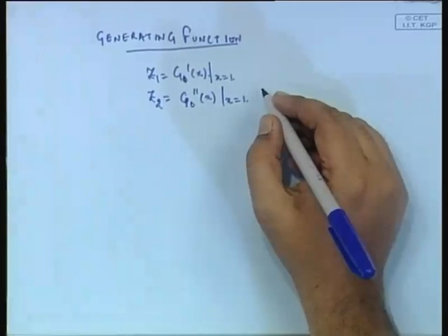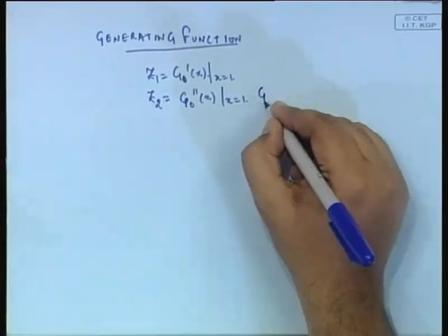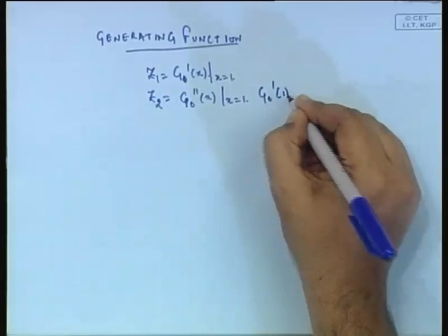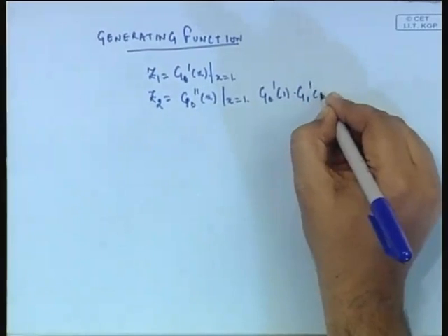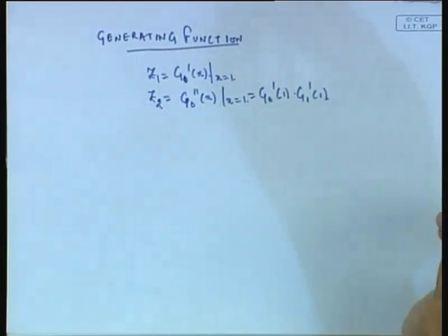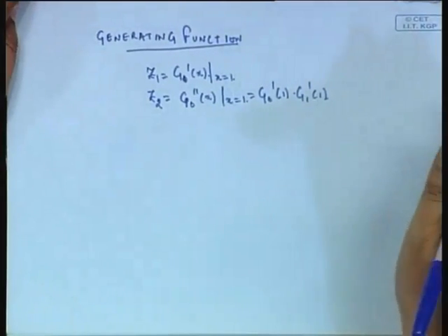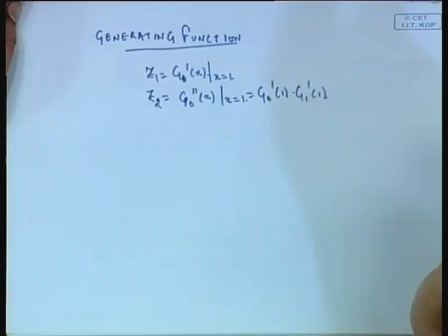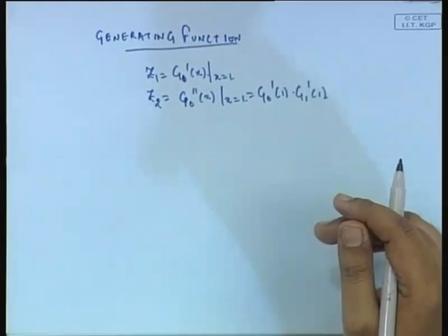Can you say what it was? It was g0 dash 1 and g1 dash 1. From there, you simplified and got this. Do you remember?